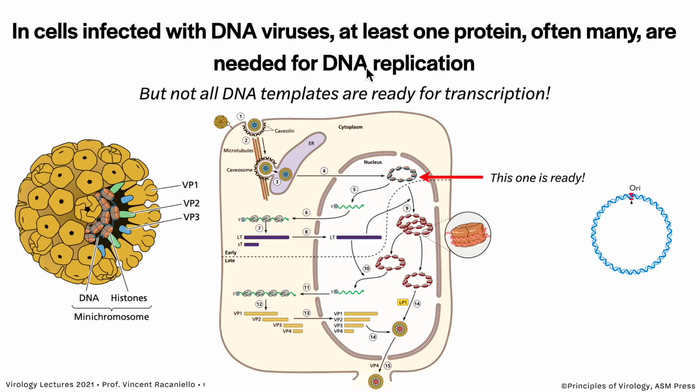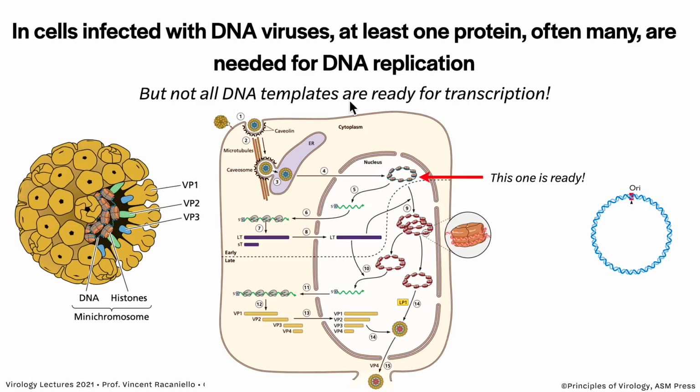But no virus can do that without making at least one protein. So what do you have to do to make one protein? You have to make messenger RNA. So the first biosynthetic event that happens in a cell infected with a DNA virus is going to be transcription. And that's why we do this today before DNA synthesis, because it has to happen first.